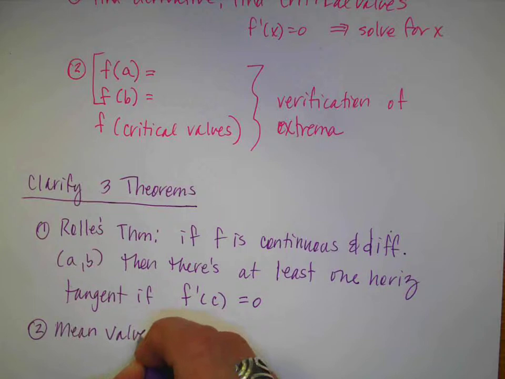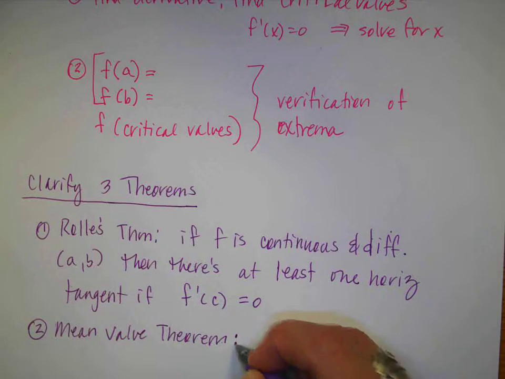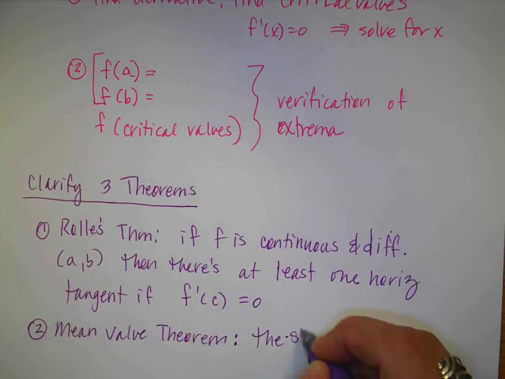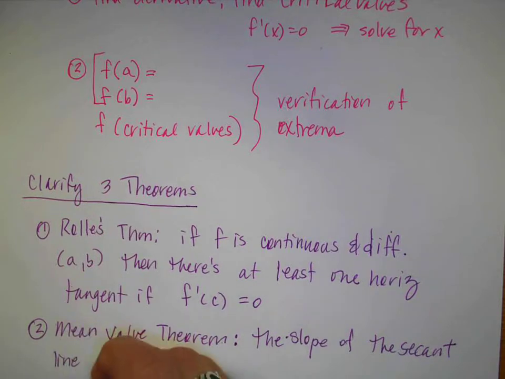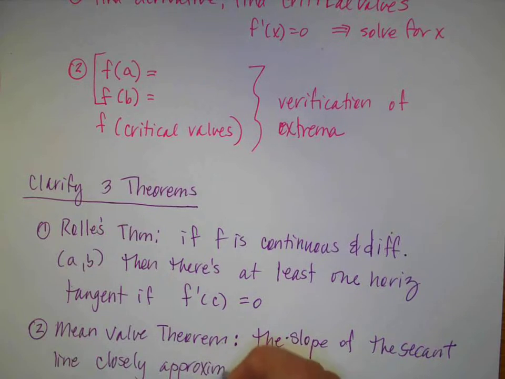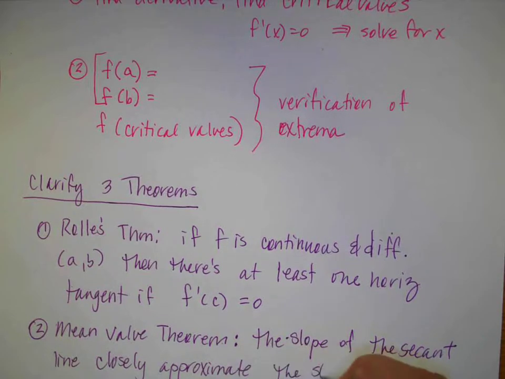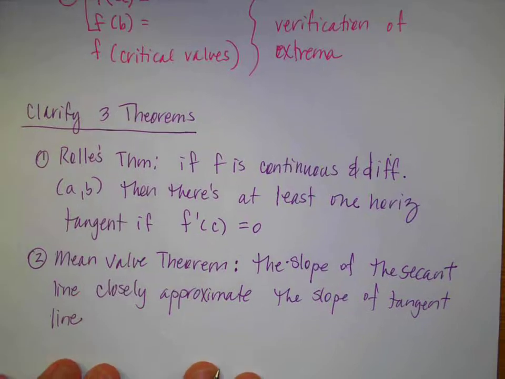The next one that we got, hugely important, we see this one all the time, is the mean value theorem. And this is actually a really cool theorem because this one states that the slope of the secant line is going to closely approximate the slope of the tangent line at a given point.